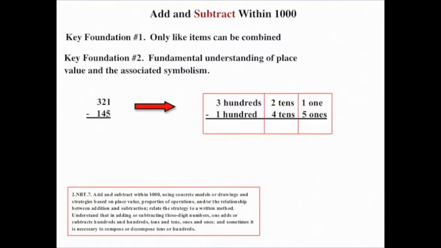176. Now it's important to take what we just did physically using the concrete models, and translate it to writing and symbolism. So if we look at that same scenario, 321 minus 145, again, here's the problem with the ones place, that with whole numbers, you can't take 5 ones from 1 one.